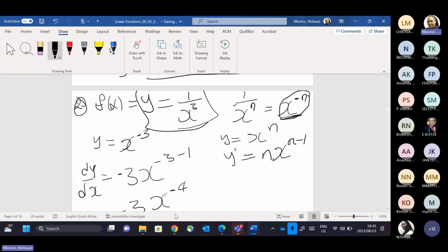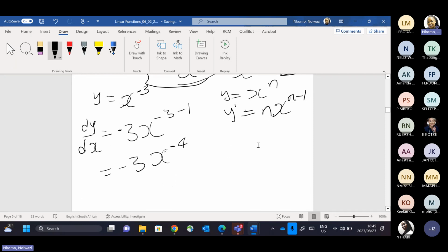We have x to the power minus 4, and x to the power minus n is the same thing as 1 over x to the power n, meaning we can write this term as minus 3 over x to the power 4. And this would be your final answer. You can leave your answer like this because our term has a positive exponent now.